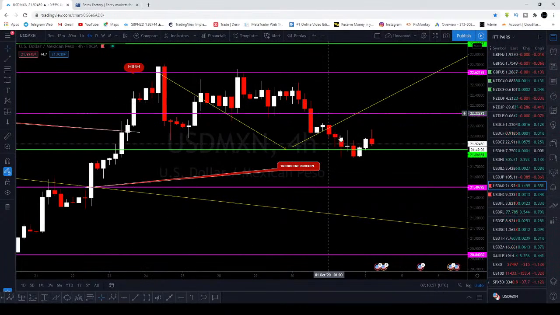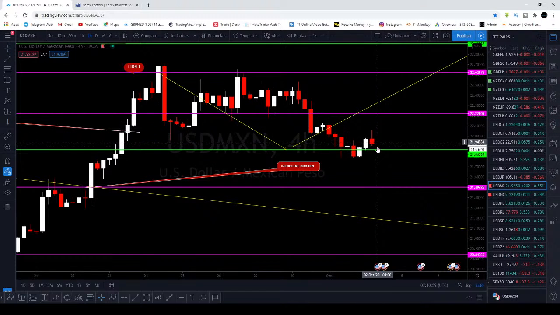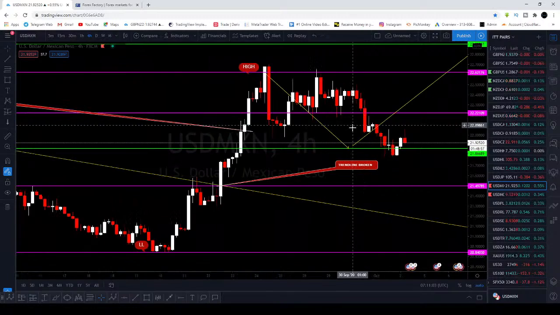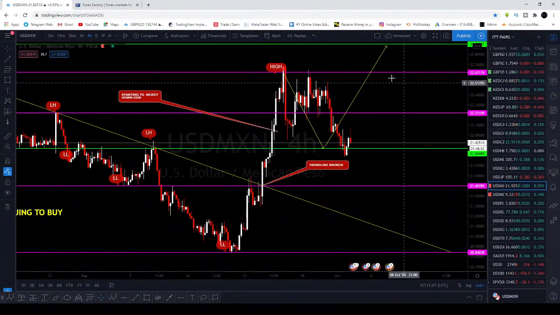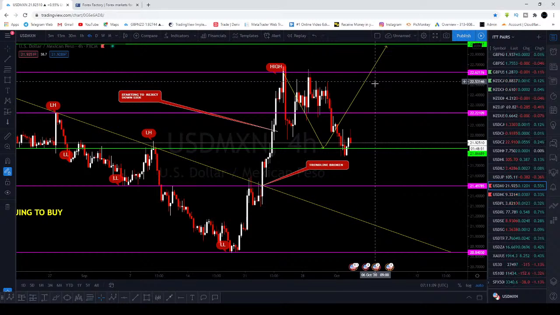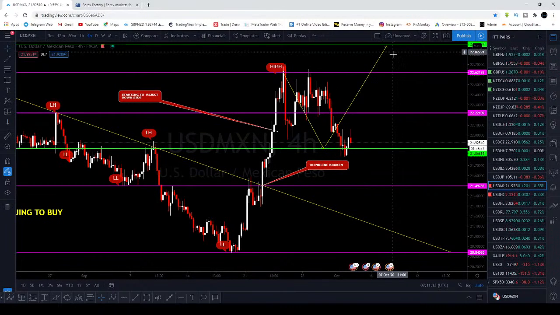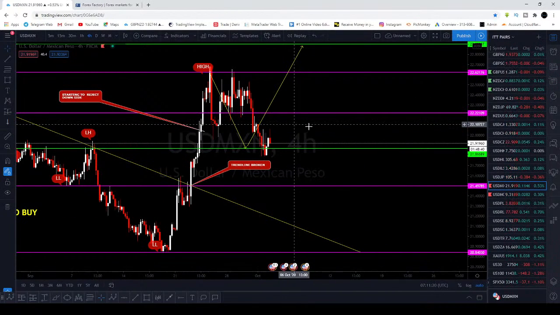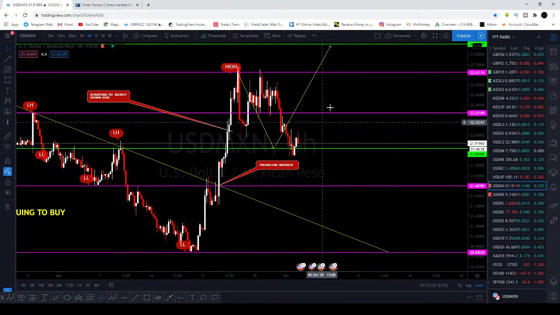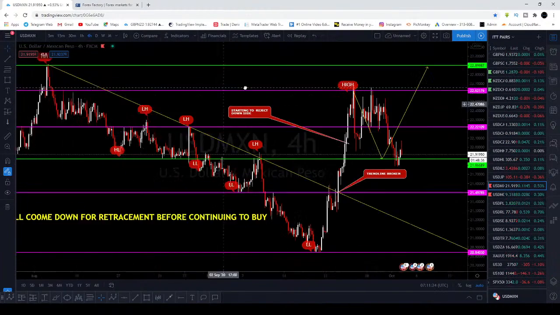So right now, wait for this candle to close, then we decide where USDMXN is going to go next. But according to my analysis, I will be expecting this particular pair, USDMXN, to continue buying to another higher high. But first of all, we have to look out for some sort of confirmations first. Then we see if it will continue buying, right?